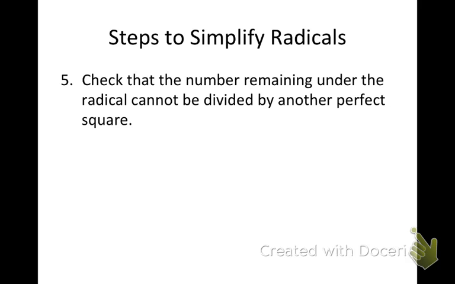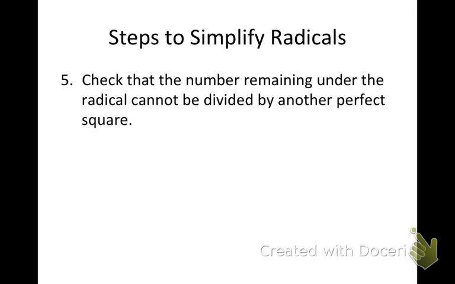Step 5 will be check that the number remaining under the radical cannot be divided by another perfect square.